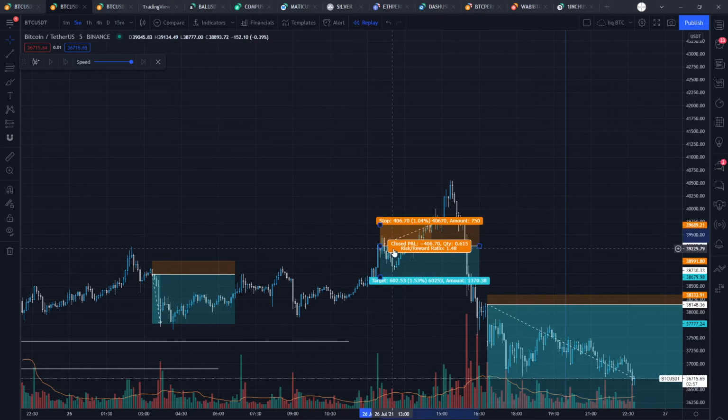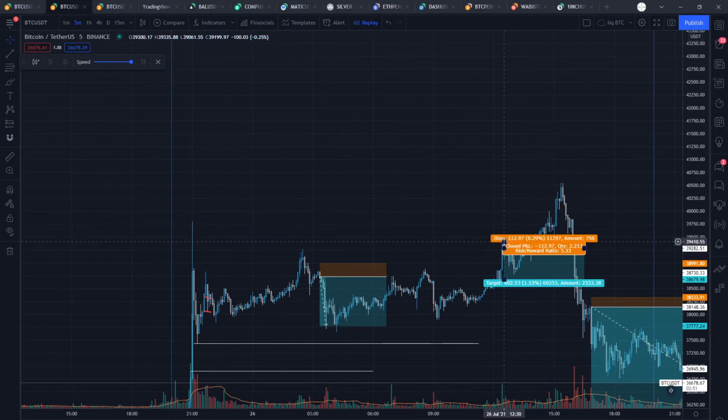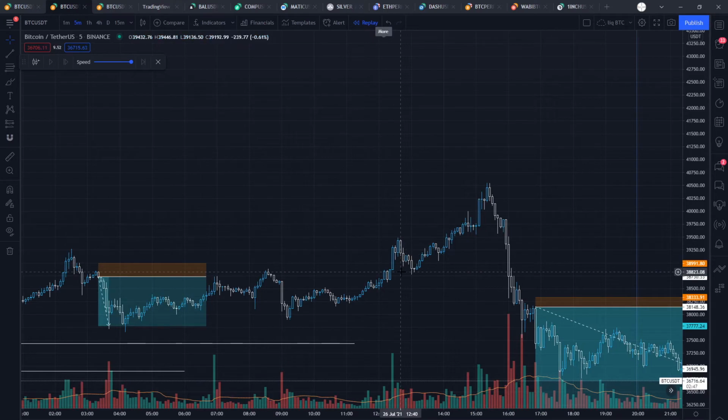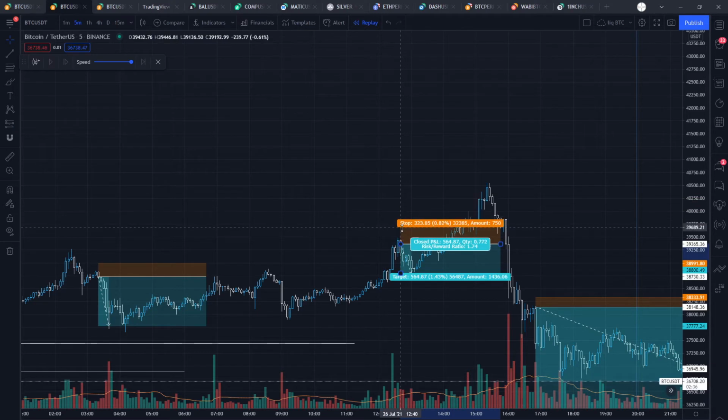But the problem is you don't really know where to put your stop. We just took out the highs here, taking out that liquidity. So you really don't know where to put your stop, or you could target obviously to fill out the imbalance. You could have gone with a 1-to-1 risk reward, but that's not that great of an RR.